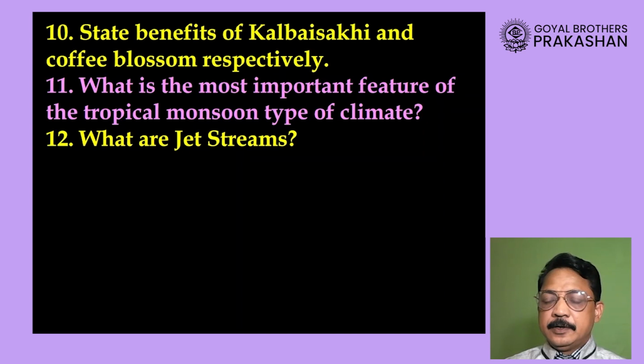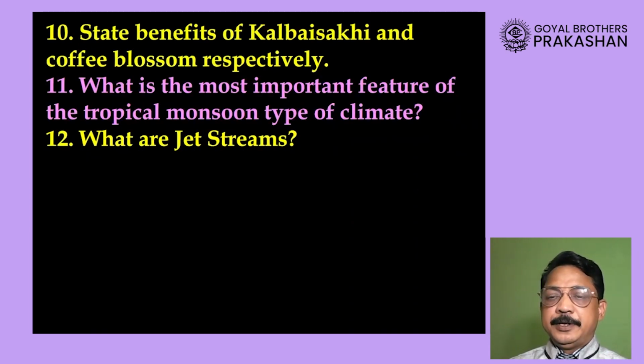So the answer is Kalbaisakhi is useful for cultivation of tea and jute in West Bengal, rice also, okay, three crops actually, in West Bengal, that means Darjeeling area grows a lot of tea. So Kalbaisakhi is useful for the cultivation of tea, rice and jute in West Bengal and for cultivation of tea crop in Assam.